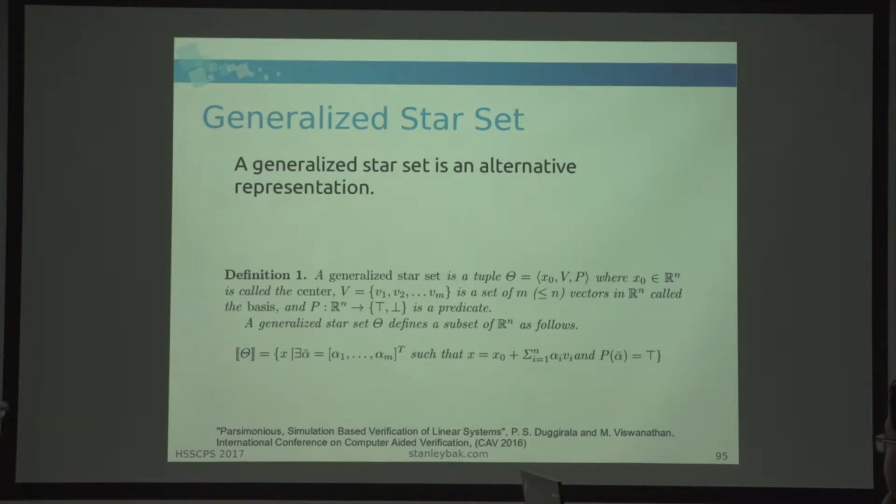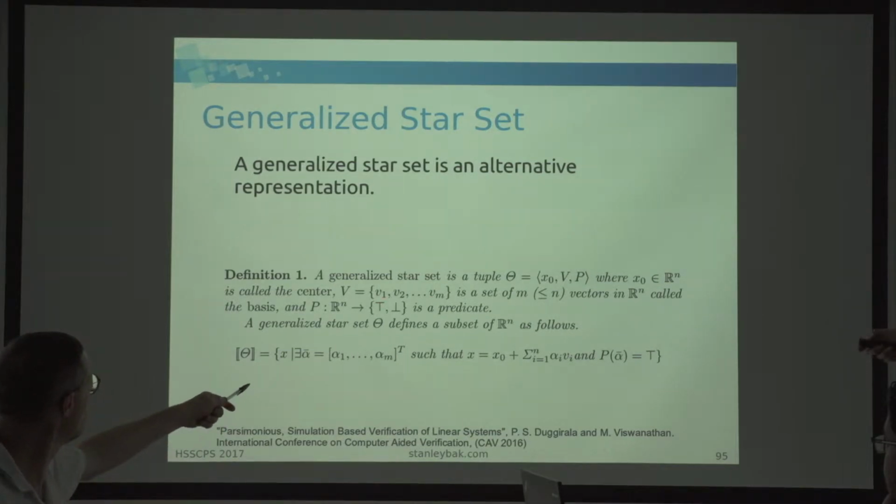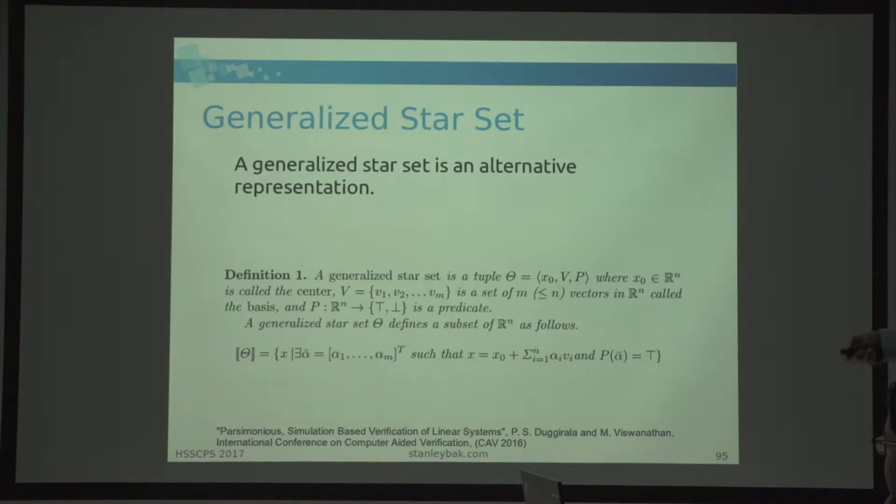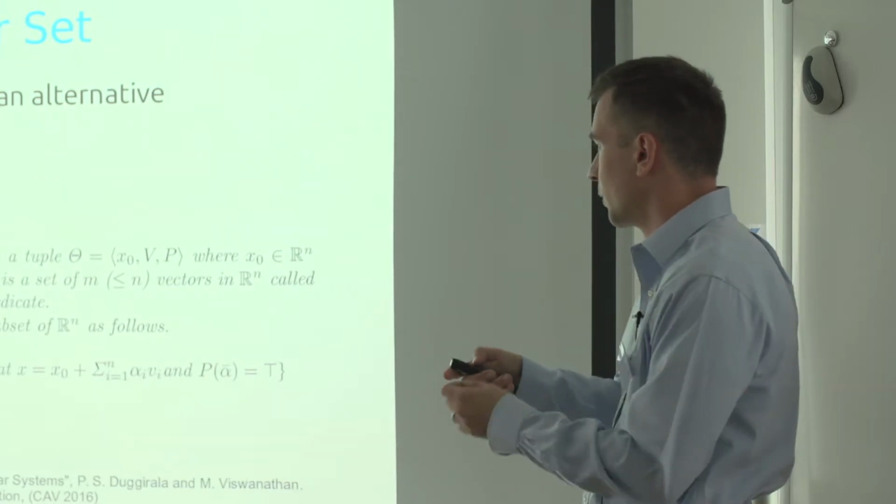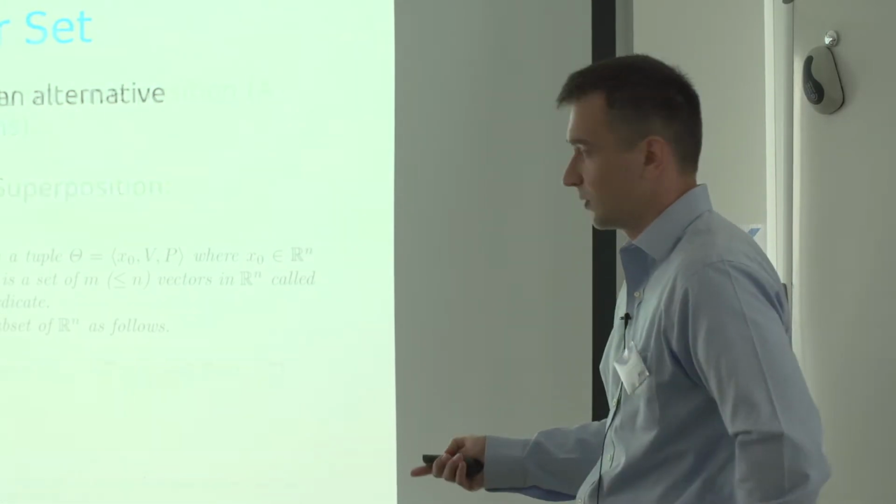OK, yeah, maybe I switched these two around. So the number of alpha needs to match the number of vectors, right? So it should be m. I should range from 1 to m. Then the predicate should be over R of m. Exactly. So yeah, the dimensions are different, right? You can have more of these vectors than dimensions or fewer.